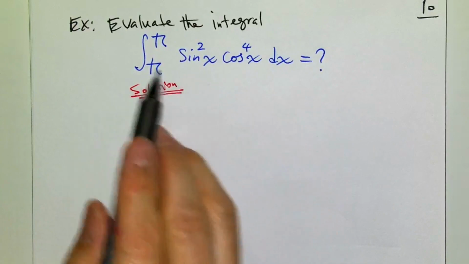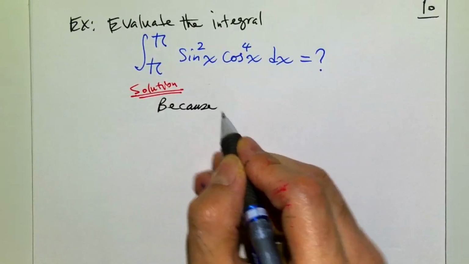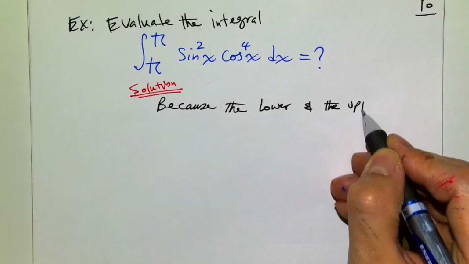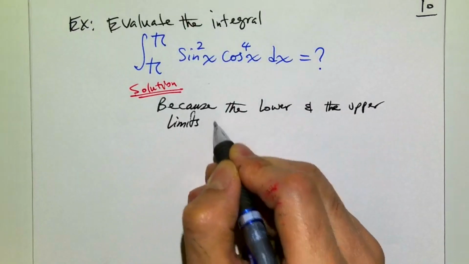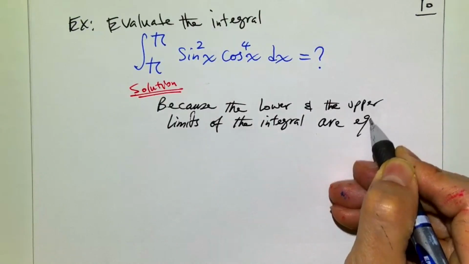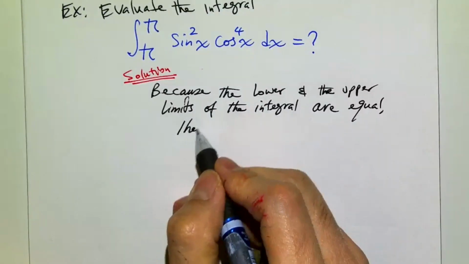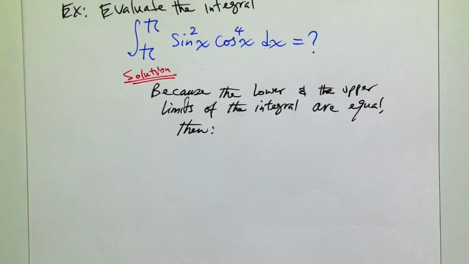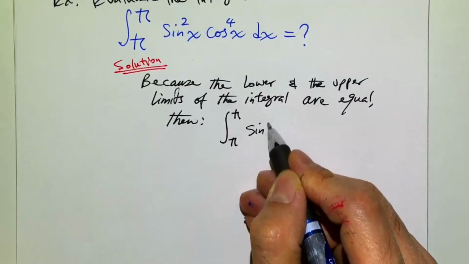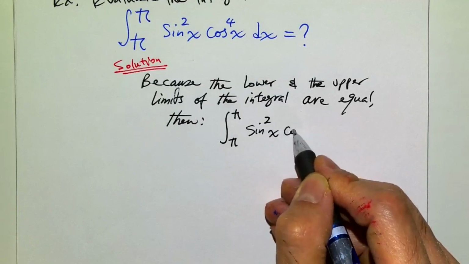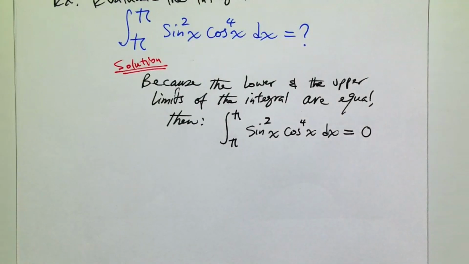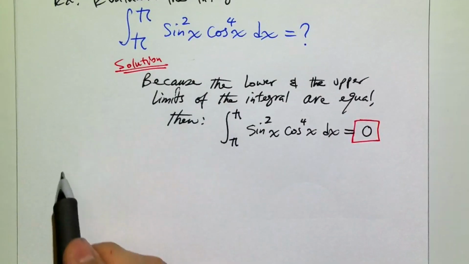Because the limits of the integral are equal, we can easily say that the definite integral from pi to pi of sine squared x cosine to the 4th of x dx equals 0. Okay, using that property.